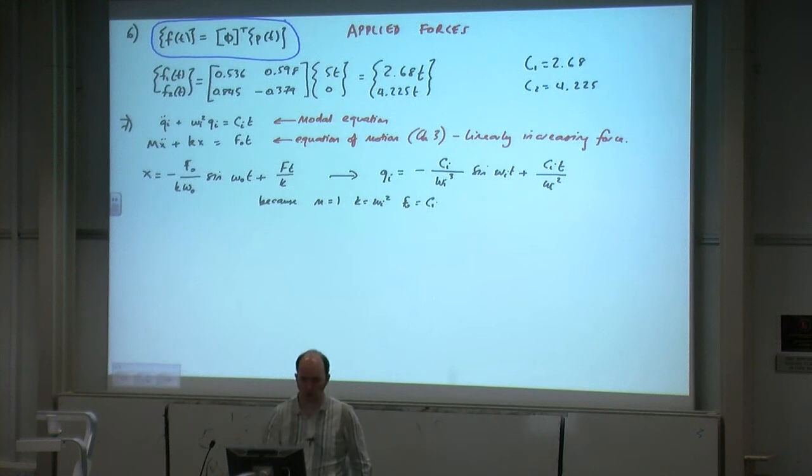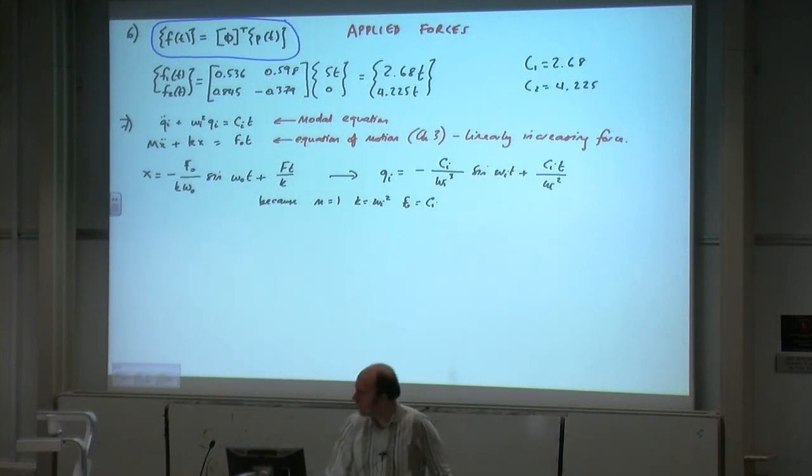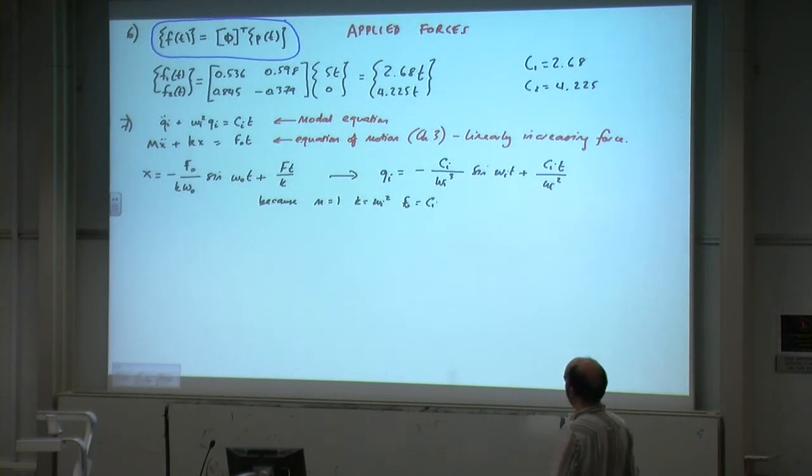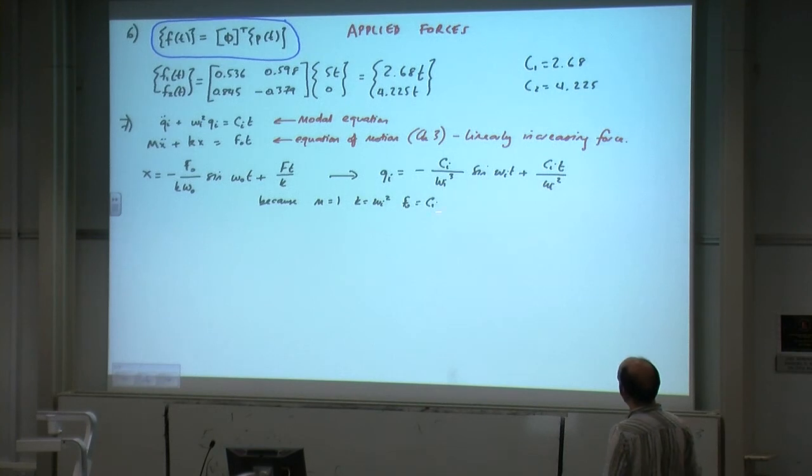You can match up these two equations, and you can see that m is 1, and k must be omega i squared, and f naught must equal ci. And so because you can match up those terms, this equation must mean that q is this equation. And that's linearly increasing force. This equation is on your formula sheet.